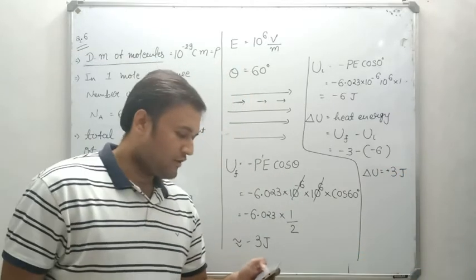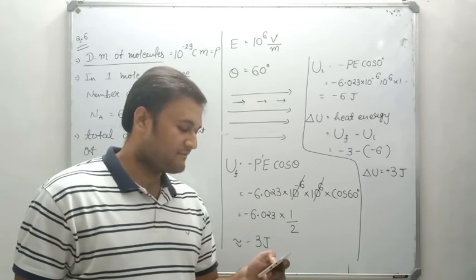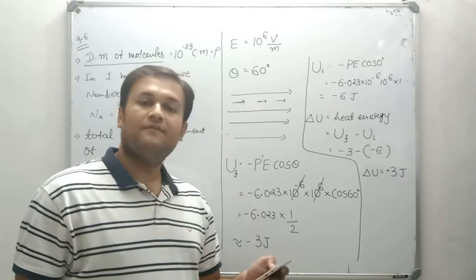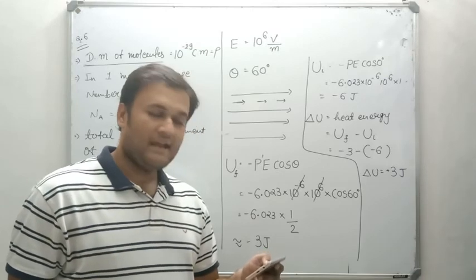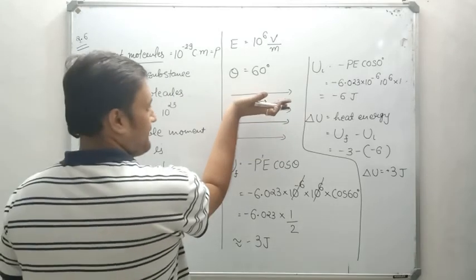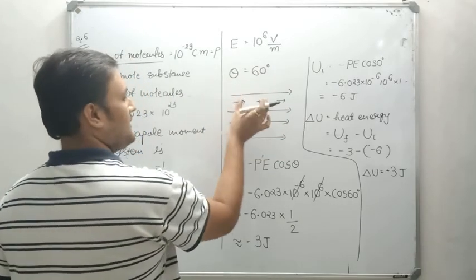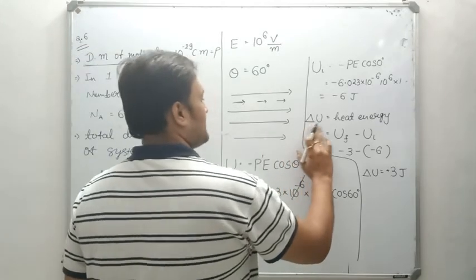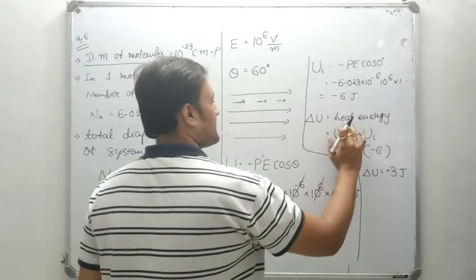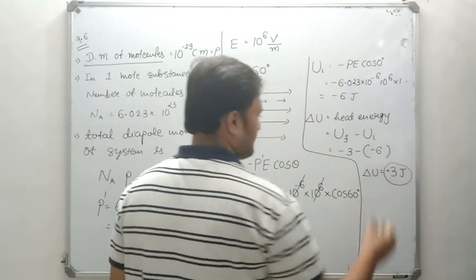So there is a loss in potential energy, and this must be the energy released by the substance in the form of heat in aligning its dipole. Some potential energy is converted into heat energy, and that is plus 3 joule.